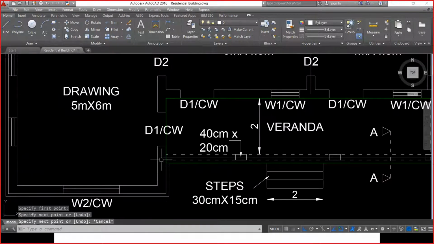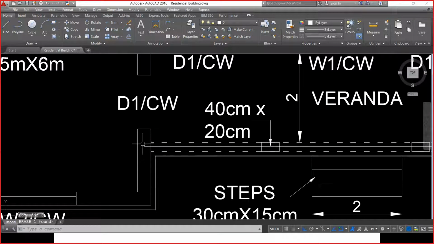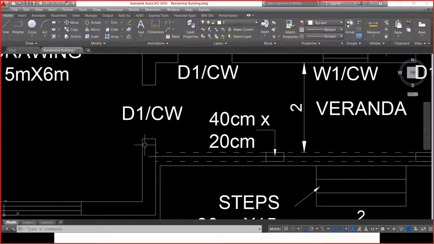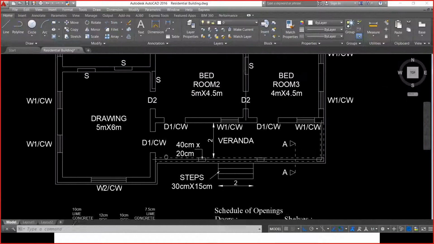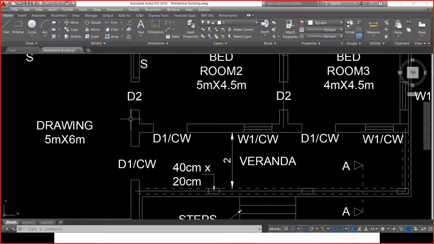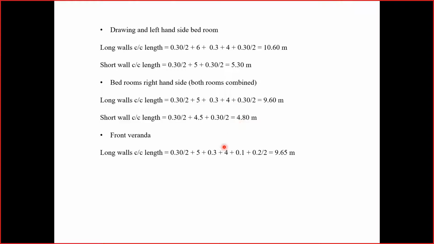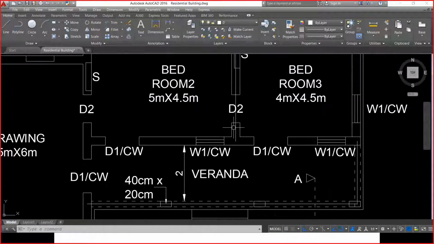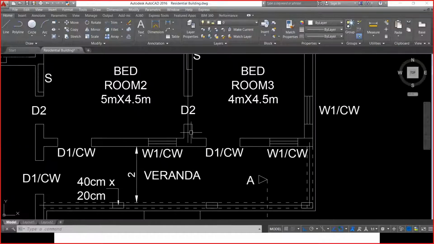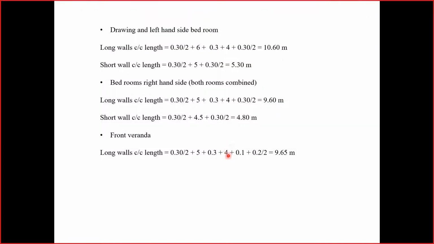Now, if we observe, it is 0.3 by 2, which is half of the thickness of this periphery wall, plus I'll consider this whole length here, because I do not have any measurements available here. So 0.3 by 2 plus 5 meter is the width of the room, plus 0.3 meter is the thickness of the partition wall, plus 4 meter is the width of the room.